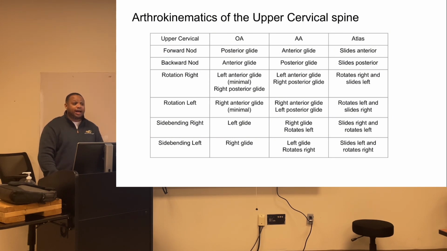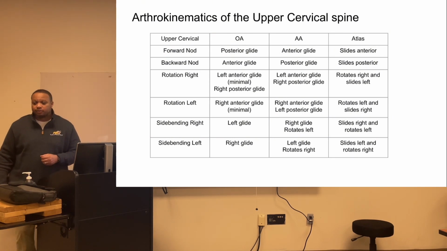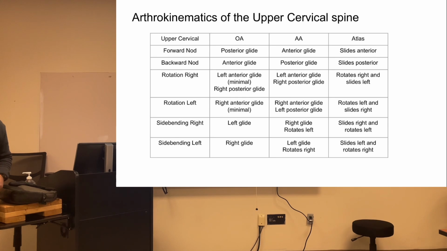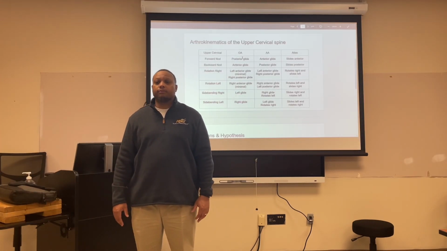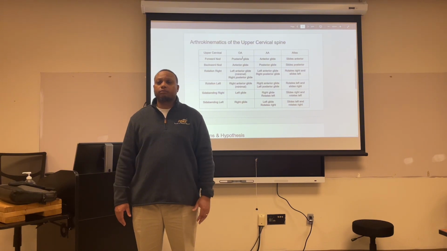With the forward nod, so this is forward nod, if you sit upright, sit erect, or stand erect, all right, the forward nod is just this movement right here. So it's like you're moving your chin slightly towards your mid-cervical spine or towards the chest.